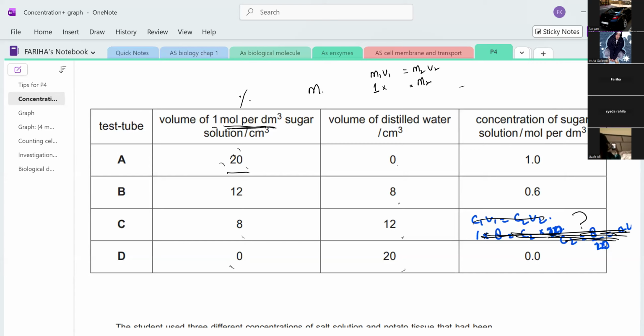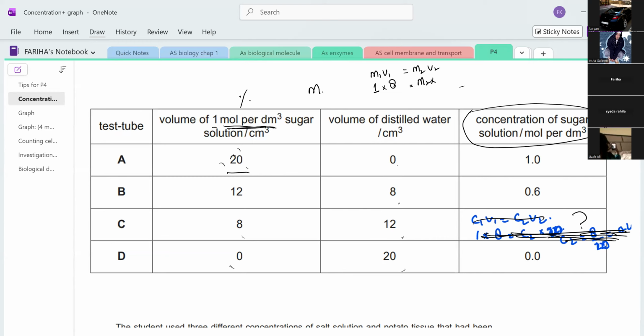What is V1? 8. Very good. What is V2? 12. Is it 12? What should be the final concentration?